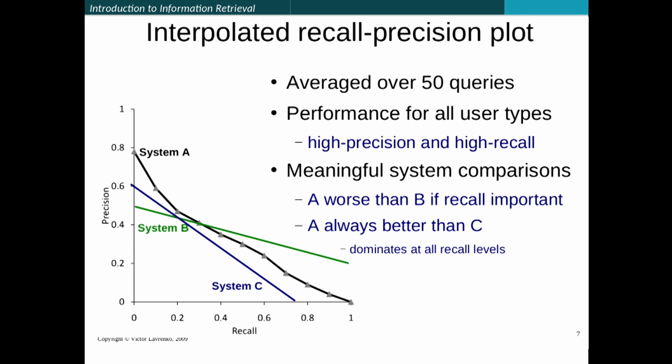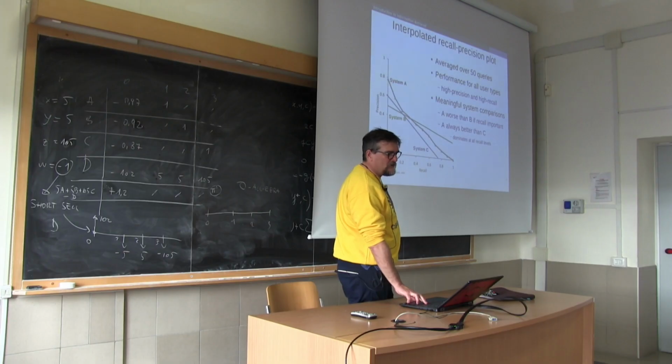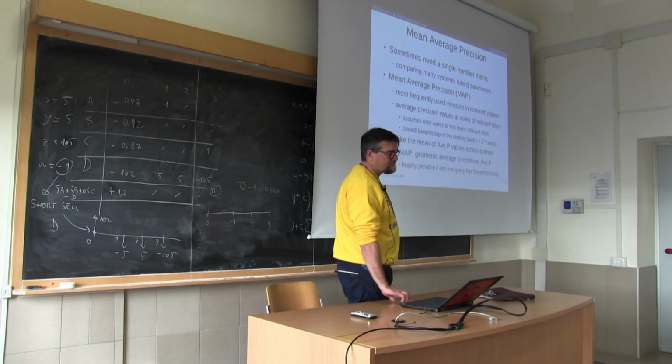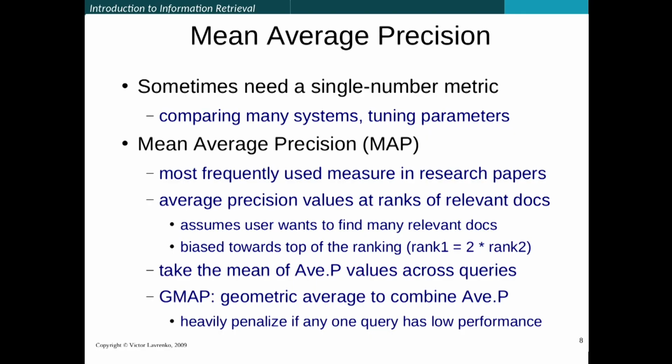Good. So now we have a mechanism through which we can evaluate two systems. But usually, instead of having a curve, which is fantastic but to some extent is not synthetic, if you have to compare a number of systems, you probably would need a single value.